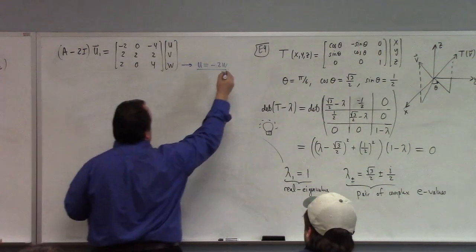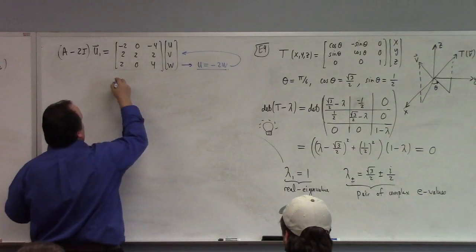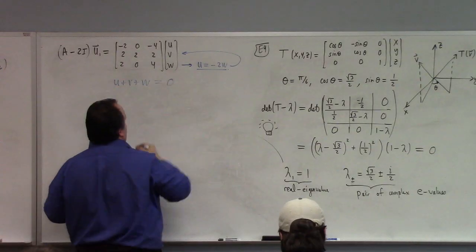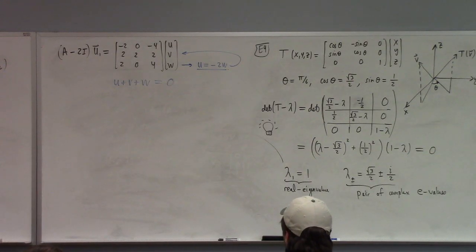And then I will take that and put it up into the second row. The second row is that u plus v plus w is equal to 0. Just because there's 2's there doesn't mean you need to keep them. Why make it more complicated? Divide by 2, right?